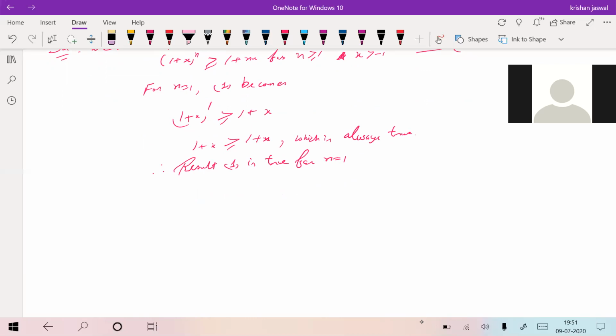Assume that the result is true for n is equal to k. If the result is true for n is equal to k, therefore 1 plus x power k is greater than or equal to 1 plus kx.